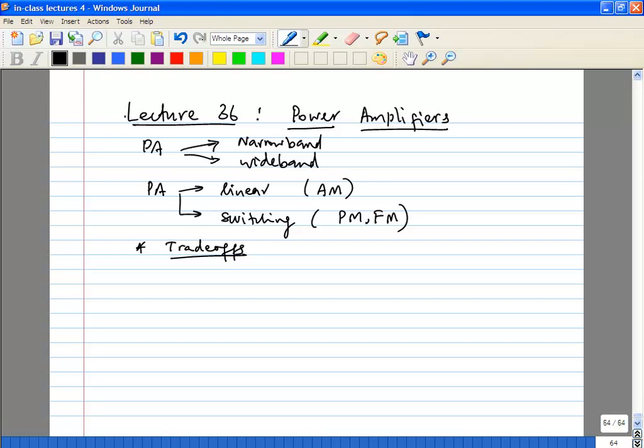So what kind of trade-off do you have in the design? So rather, what are the parameters you are interested in? Of course, it's a power amplifier, so you're interested in power gain.